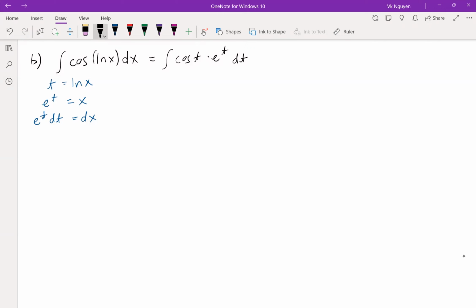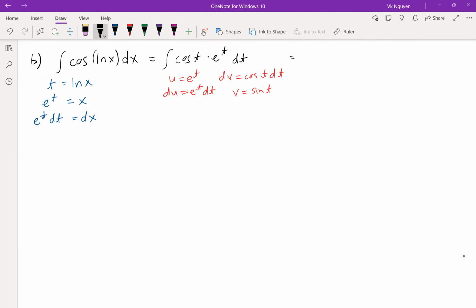To do this integration, we're going to use integration by parts. We've got to pick u and dv correctly. So u is e^t and dv is cosine t dt. du is e^t dt. v is sine t.